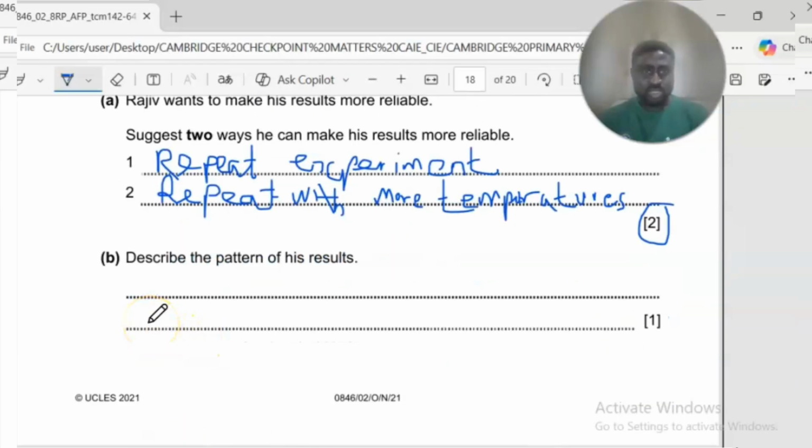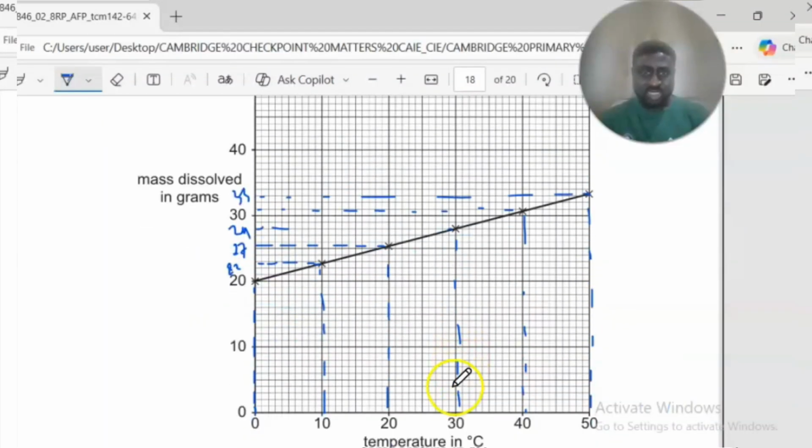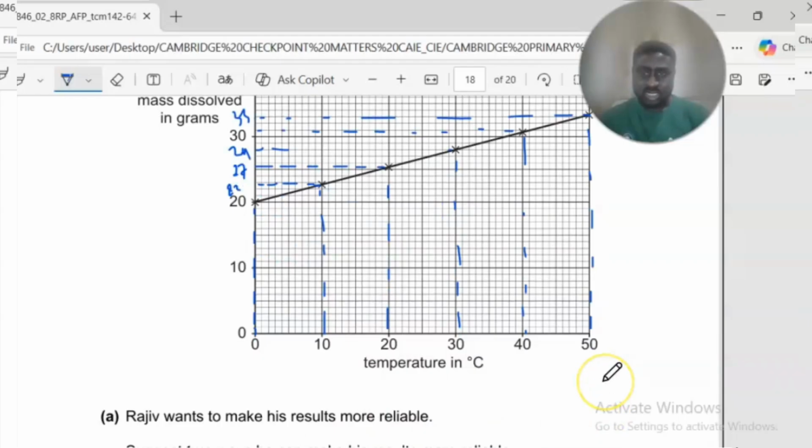Then the question B part says, describe the pattern of his result. So we'll go back to the graph and see the pattern. If you look at the pattern for the temperatures, it is from 10, 20, 30, 40, 50. So it is increasing.